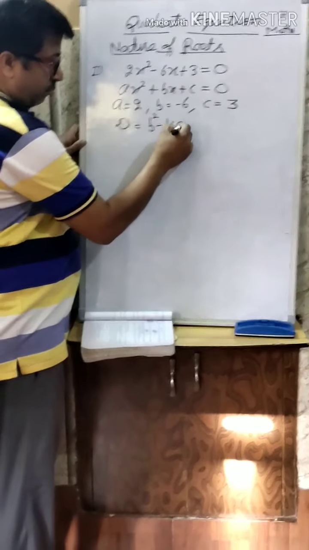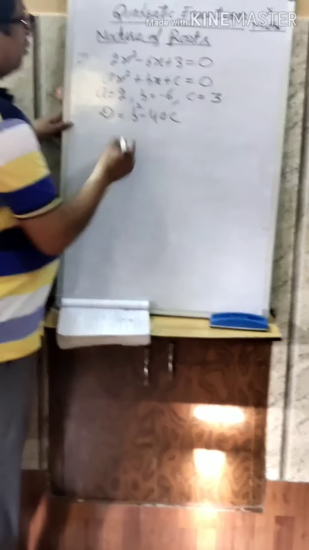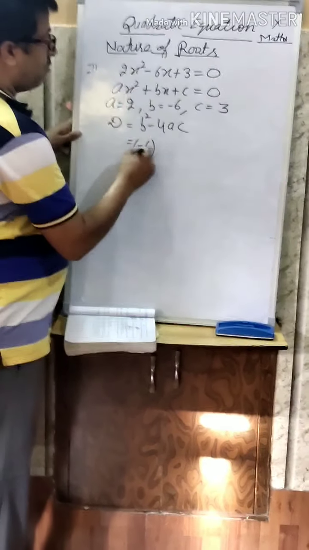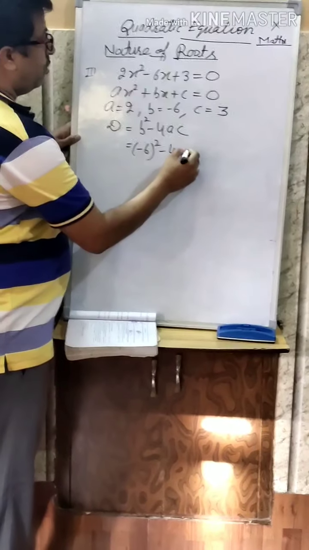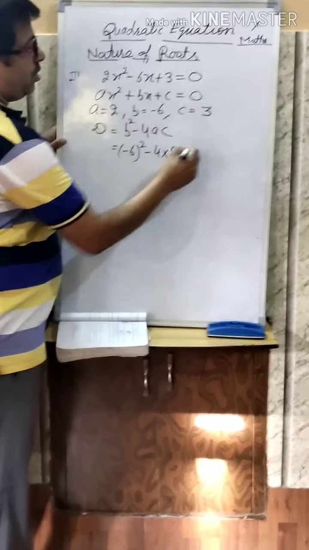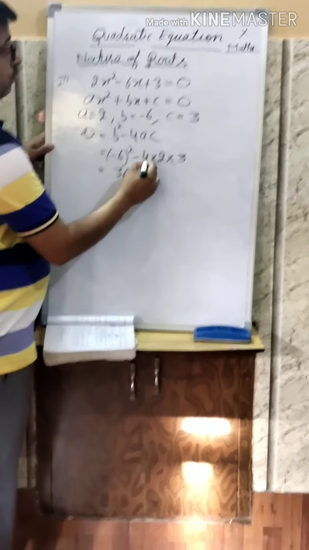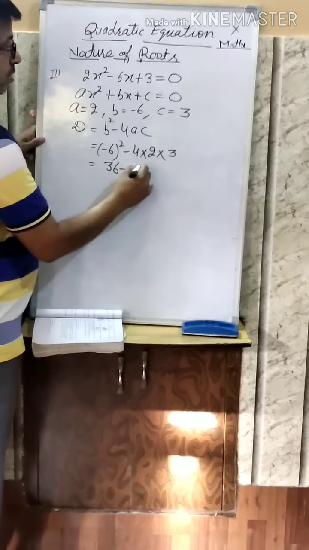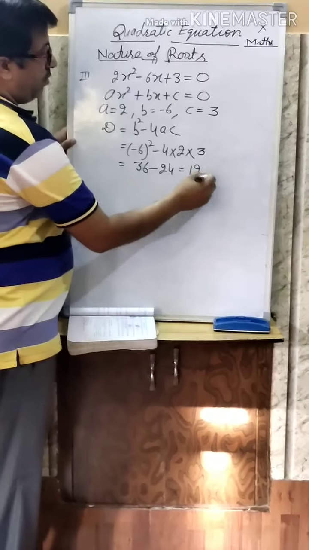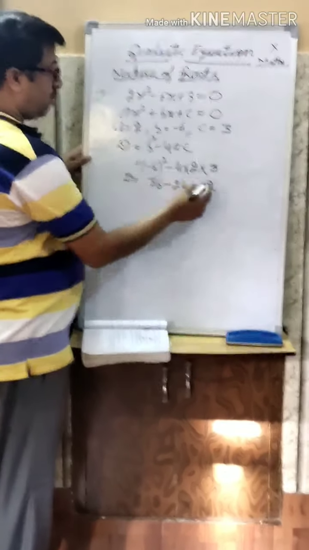Discriminant. b square minus 4ac, that value is called the discriminant. So b square is minus 6 square, minus 4, a is 2, c is 3. So minus 6 square is 36, 4 twos are 8, 8 threes are 24, so 36 minus 24 is 12. And you see D is 12.